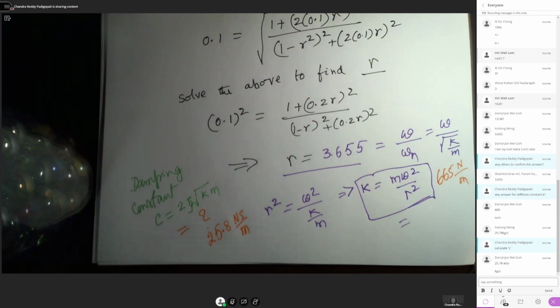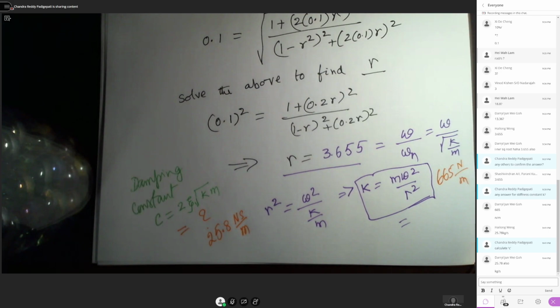And as you can see, the entire working depends on the choice of the damping ratio. So if you choose slightly a different damping ratio, then your answers will be different. So the central point of this problem is that the designing depends on the choice of your damping ratio.